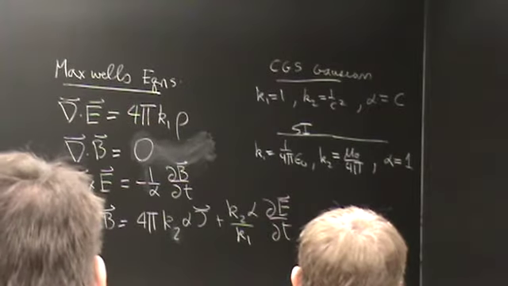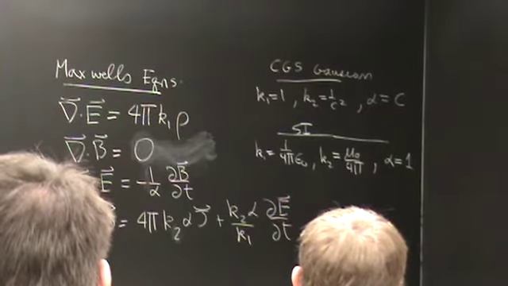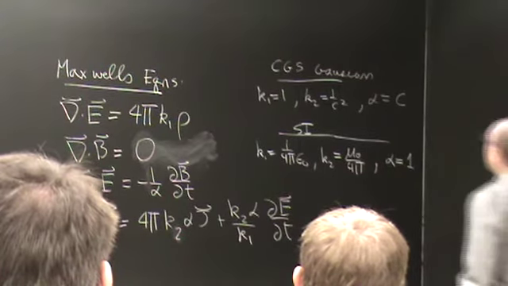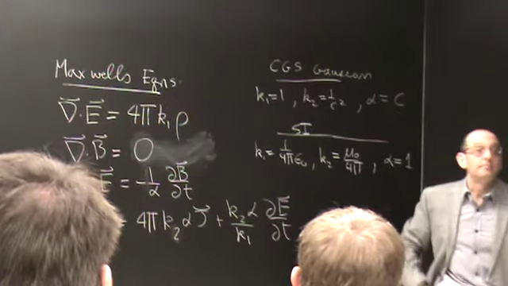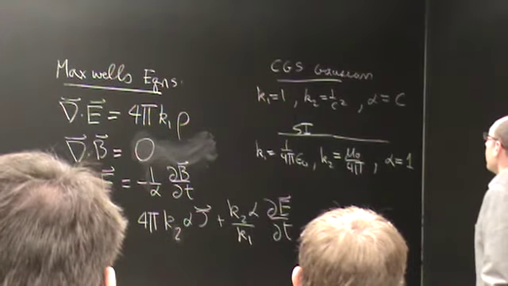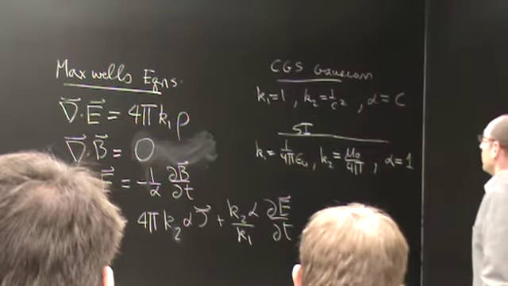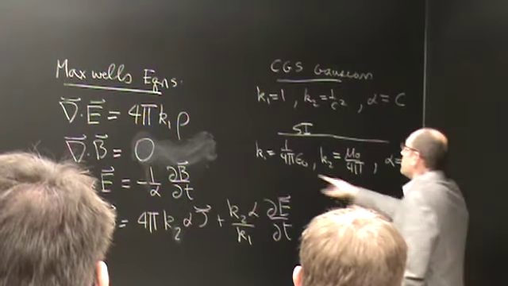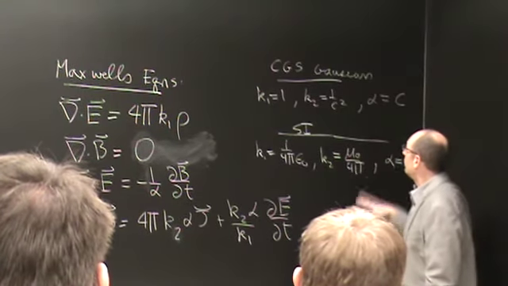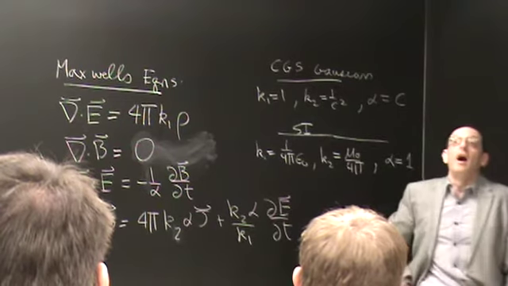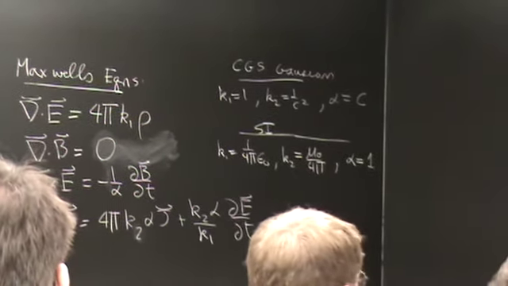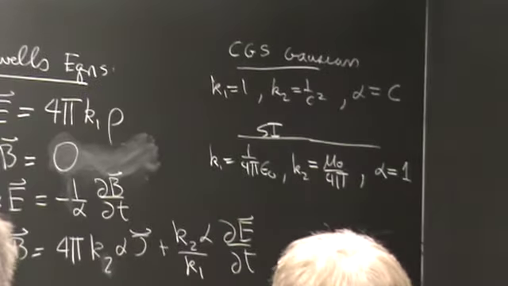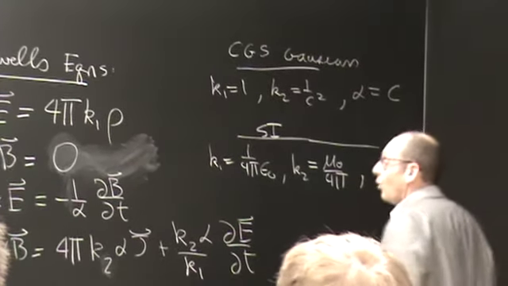And the two sets of units that are most common are, perhaps most familiar to you, the SI units, in which K1 and K2 are defined in terms of epsilon naught and mu naught, the permittivity and permeability of free space, so-called, with alpha being 1.